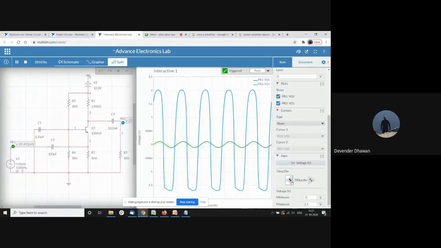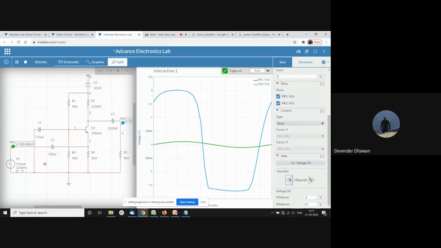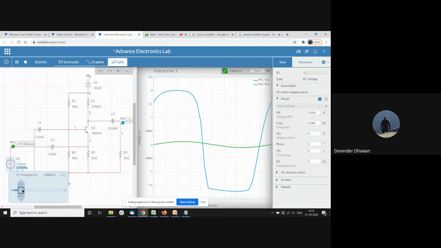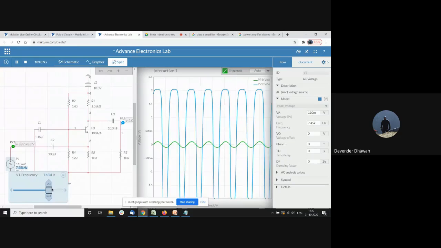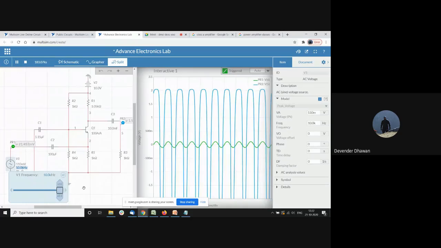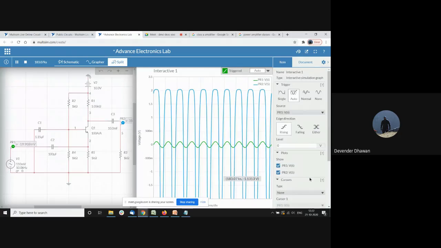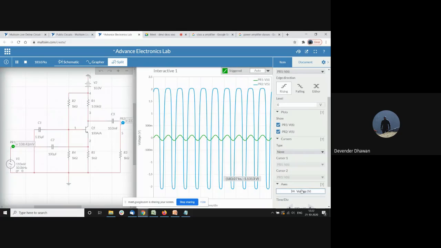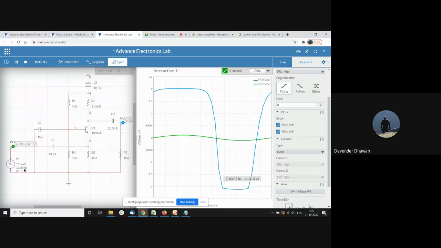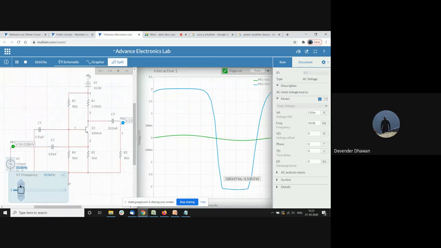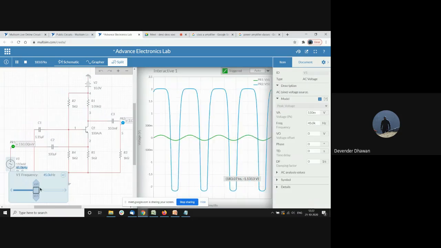Okay, so now let us just increase it a little more. So we are at 10K now. So let me increase a little bit. Let me increase this more.